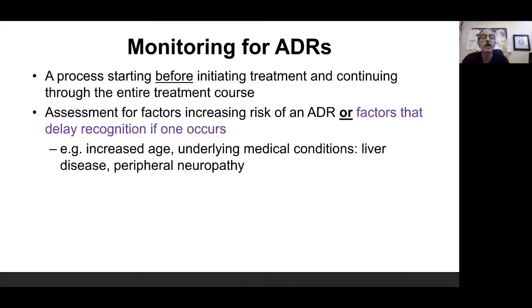We know that our patients who are older are generally more likely to have medication reactions to any medications, including ours. The risk is higher if they have certain underlying medical conditions like pre-existing liver disease or neuropathy, but that risk is also modified by what concomitant medications and supplements they may be taking.